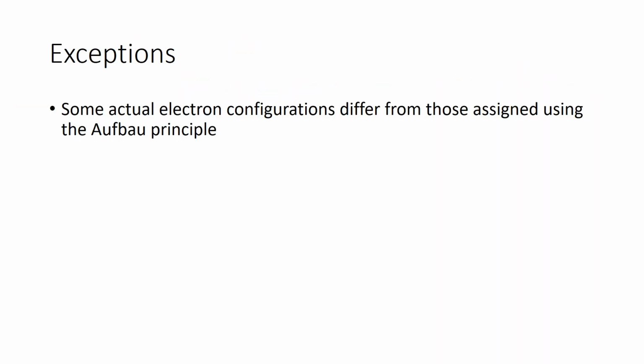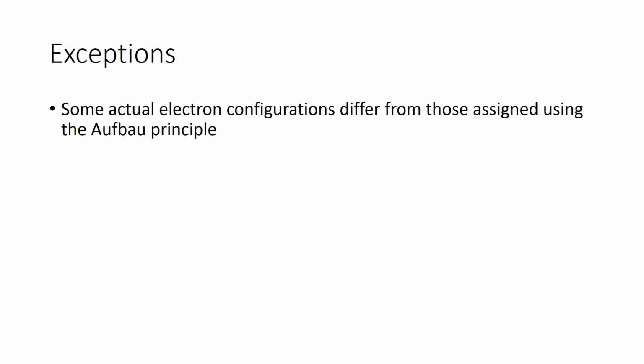There are some exceptions. Some electron configurations differ from those assigned using the Aufbau principle. Those mainly occur in the D block. There are a couple of them where, say, we end up with an element that's going to be like 4D.